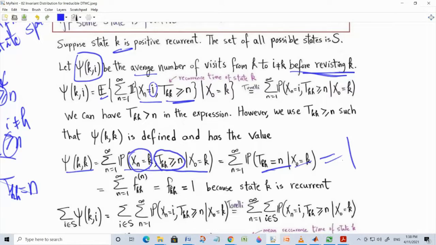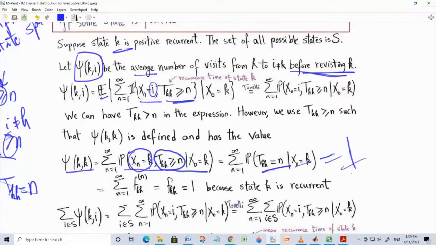For this part here, you just need the state to be recurrent. Because it is recurrent, sooner or later it will be revisited. Now the recurrence time becomes a proper random variable, taking a finite value almost surely. This is in opposition to transient states, for which there is a positive probability that the recurrence time is plus infinity, but that is not the case here. So this is equal to 1.